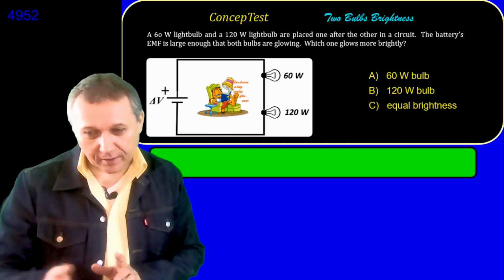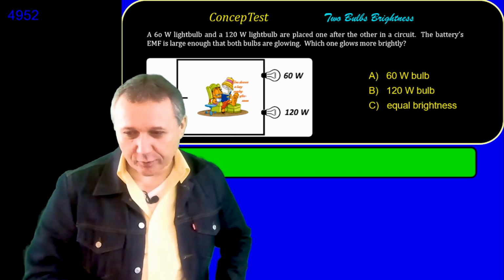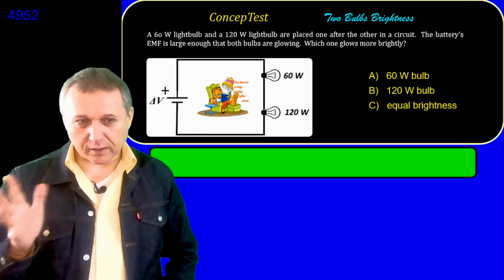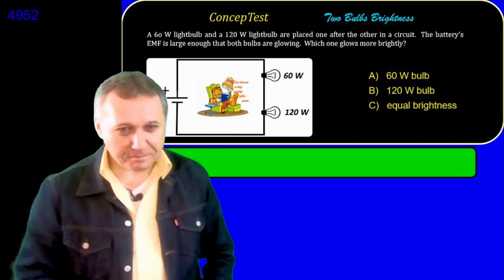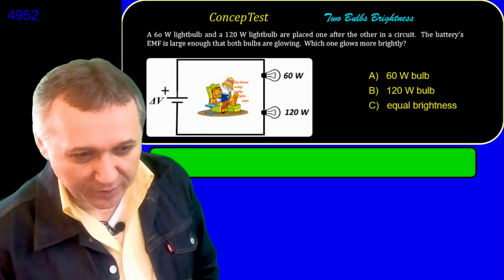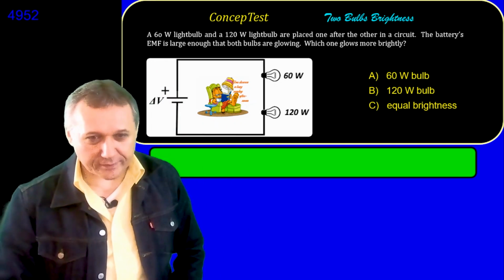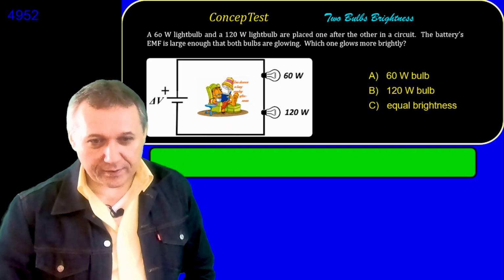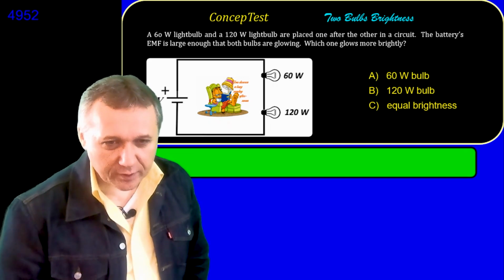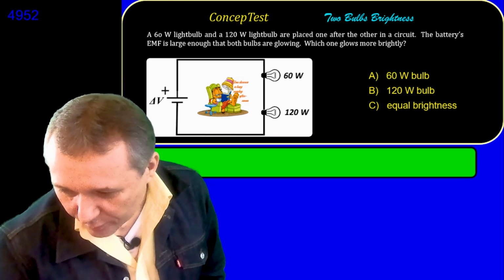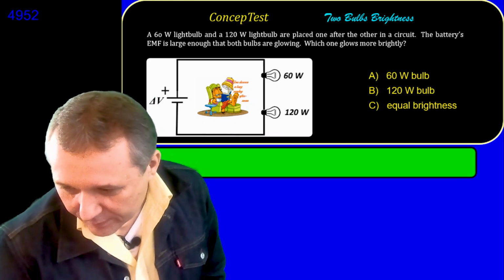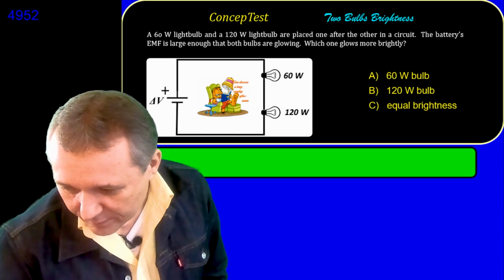Yeah, I can see it. It's in front of me. And after like a minute, I will start discussing this. So which bulb is brighter? A or B or equal? They have equal brightness. Right, let me scroll slightly up so I can see your answers.